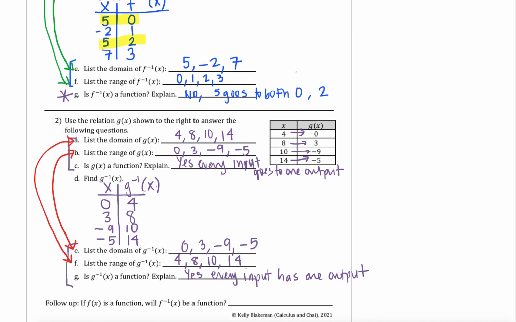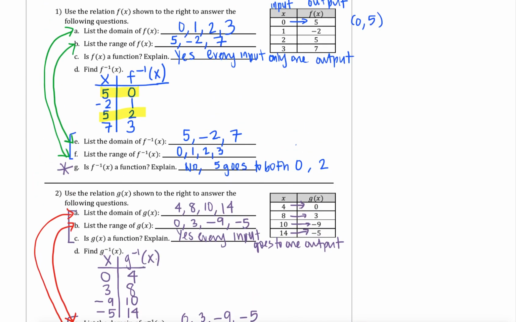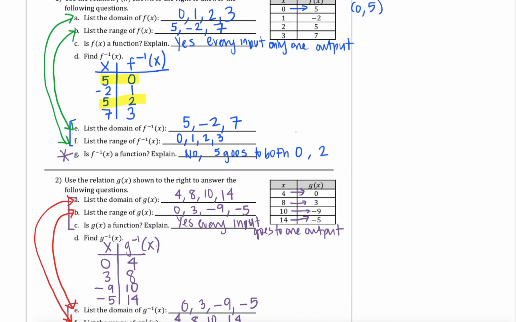So I do have a follow-up question at the bottom of the page that says if f of x is a function. So in both of these examples, f of x, the original relation in problem 1, as well as g of x, the original relation in example 2, were both functions.